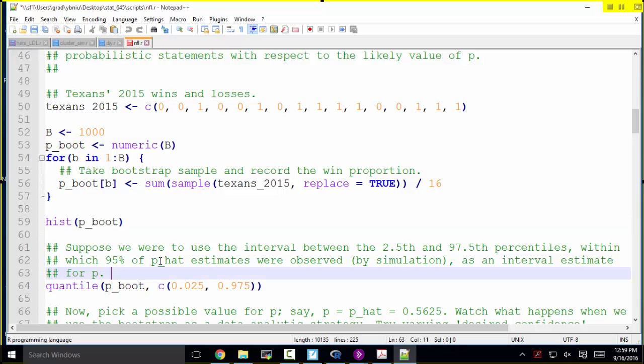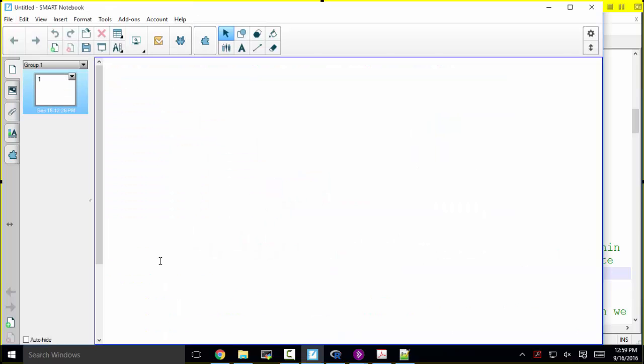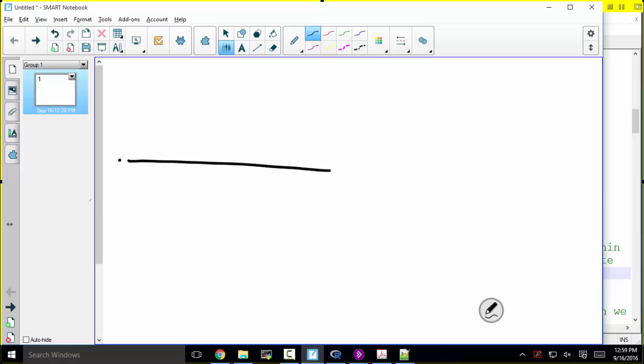If you want a confidence interval, we need the sampling distribution of our statistic. So if we could draw this picture and say, on repeated sampling of 16 games, if you computed p hat, this is what you would see.